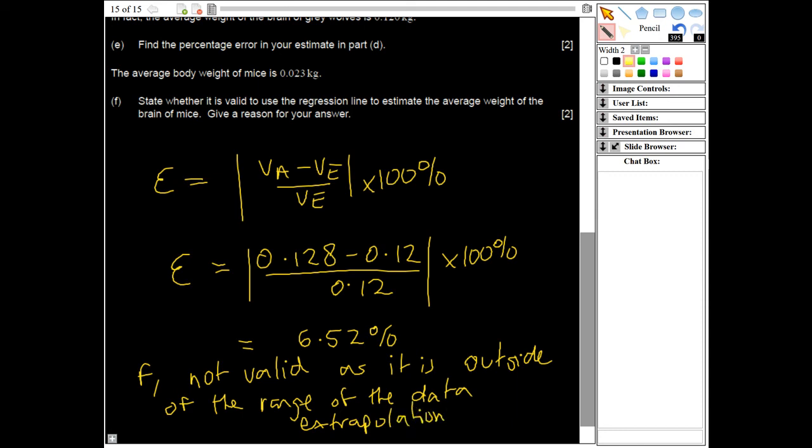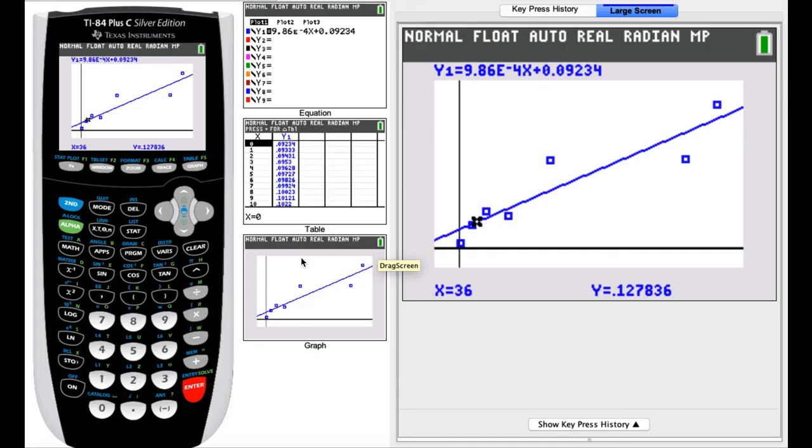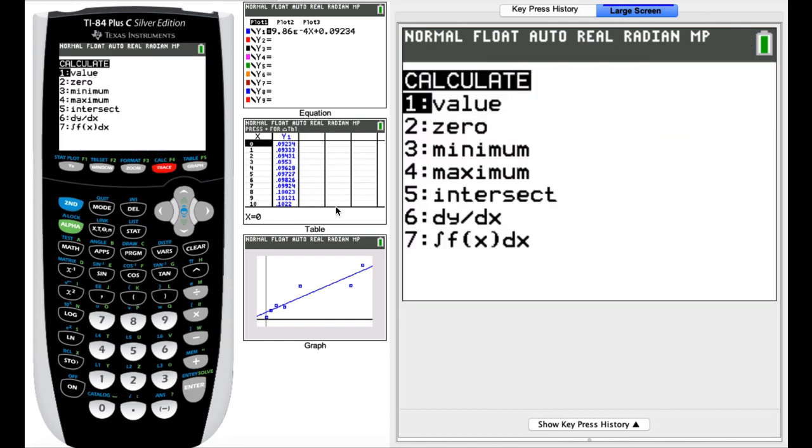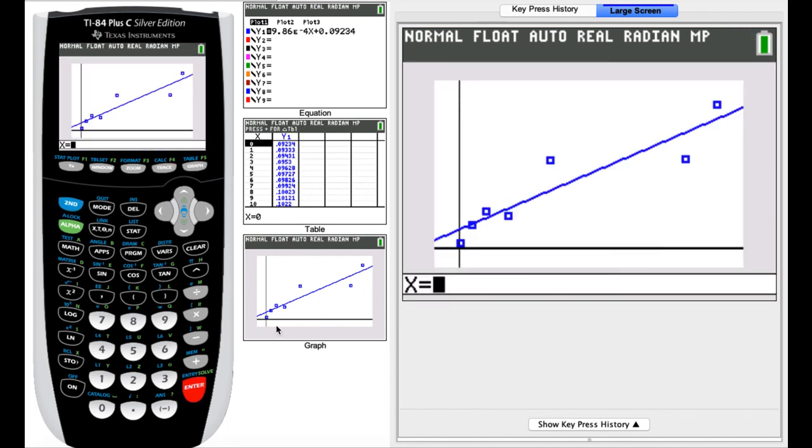I'm just going to show you on the GDC what happens if you try to use that value in this case. I can press second and calc and do value again, and then type in x is 0.023.